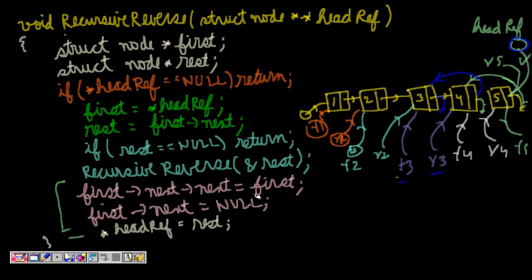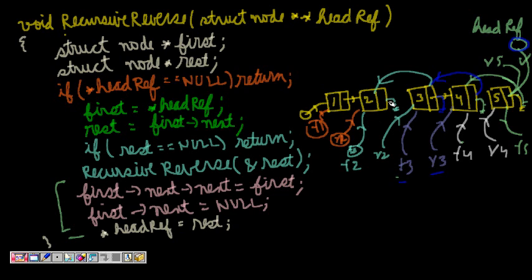F2 R2, and let's change the color itself. So F2 R2. So now F2 next next is equal to F2 itself. So the link has changed, and now F2 next is equal to null. So this is cleared now, and this becomes null.